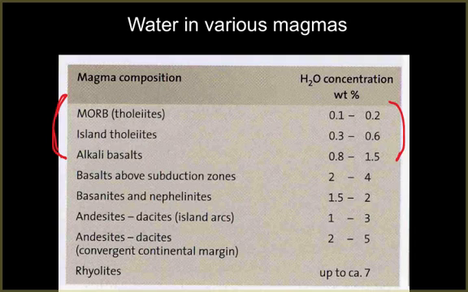Basalts that form above subduction zones are slightly higher, at 2 to 4%. And then we can skip down to the intermediate magmas, looking at andesites or dacite that have 1 to 5% water. And then rhyolites have a much higher percentage, up to about 7% water.